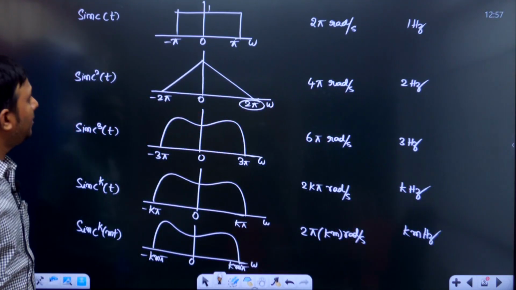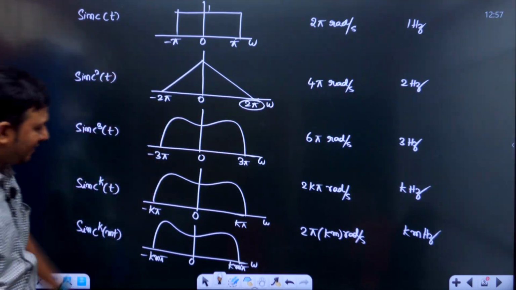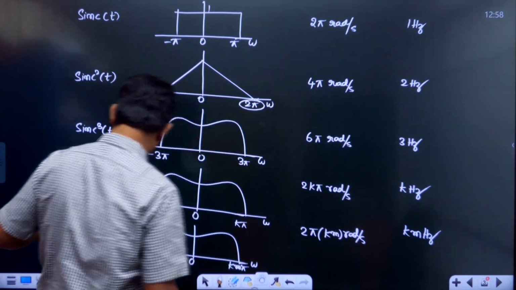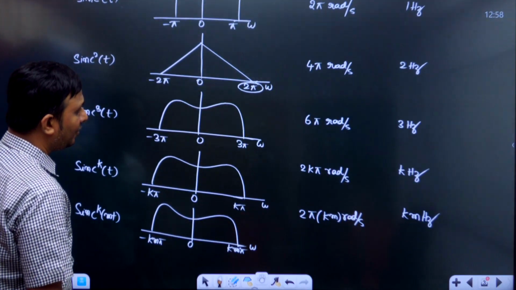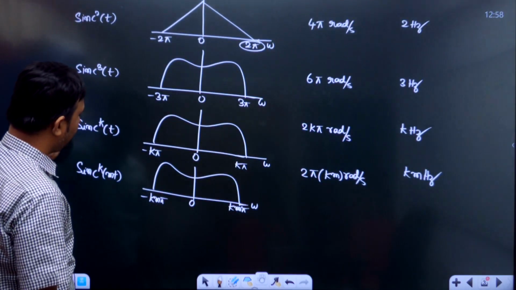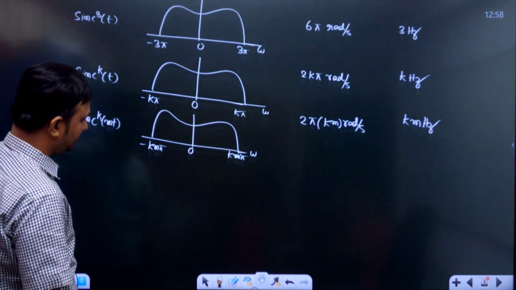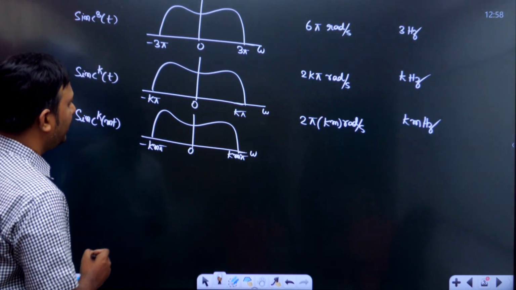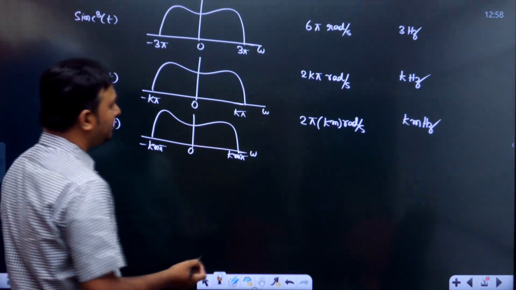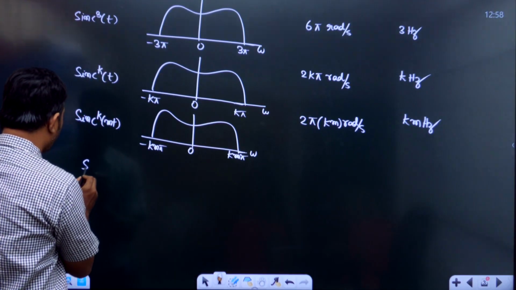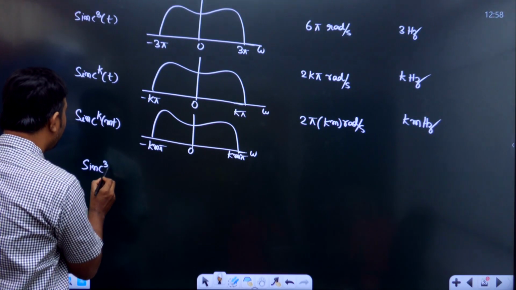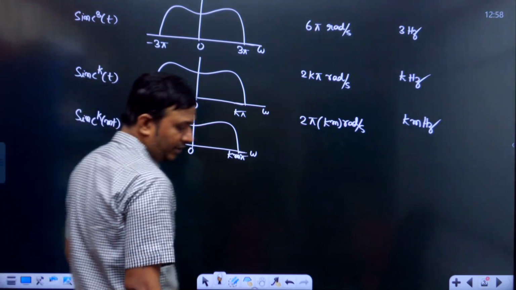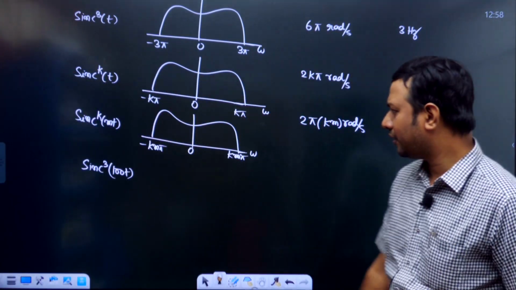Right? Now observe here, I will extend like this. Let us move this one upward. Hope you are comfortable with this. Right. Now a small question from this: sinc cube of 100t, what is the Nyquist rate?